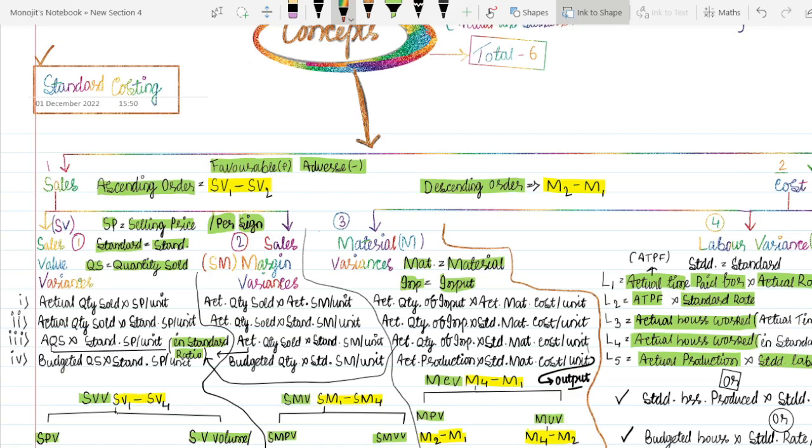And in cost there are three components: one is material variances, another is labor variances, and another one is overhead variances.